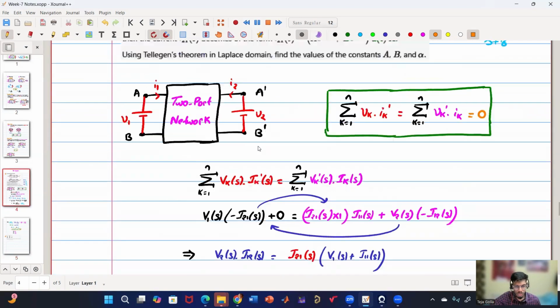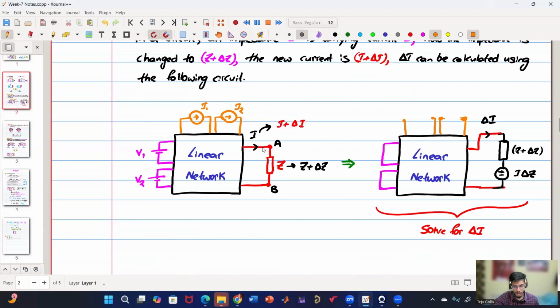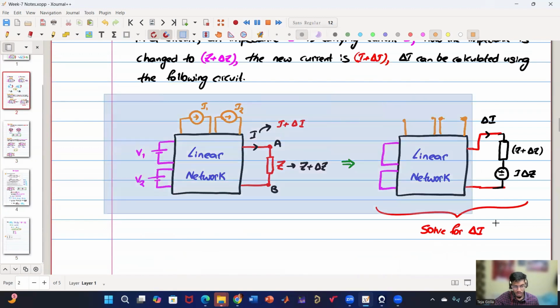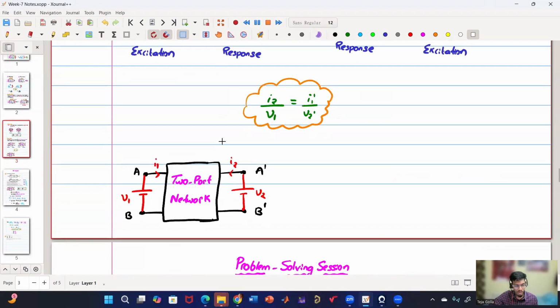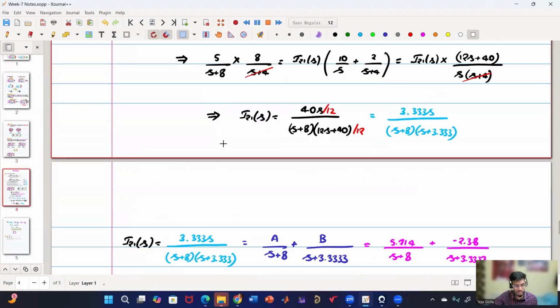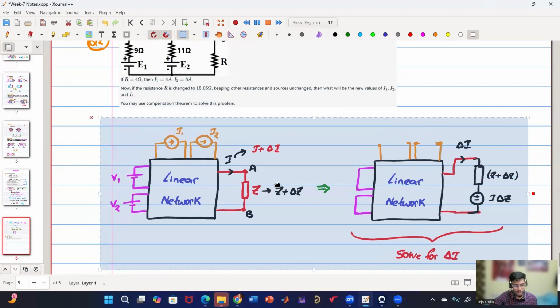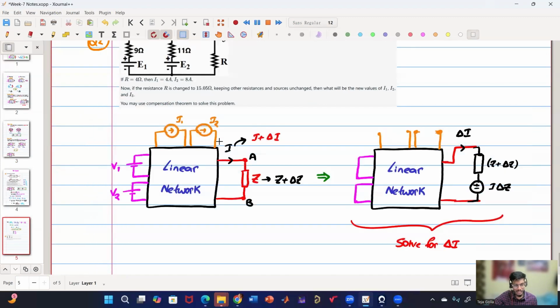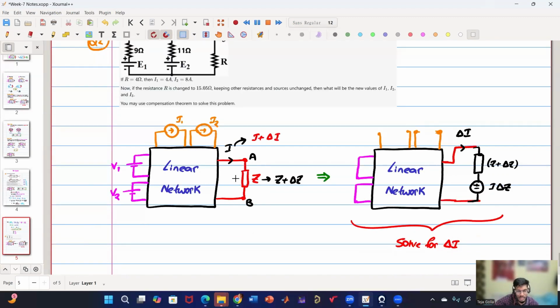Let us go back to the theorem that we have learned, which is the compensation theorem. Whenever there is I plus delta I, say only this resistance is changing, then in order to calculate this delta I, first we have to remove all the sources and this impedance will be connected something like this.